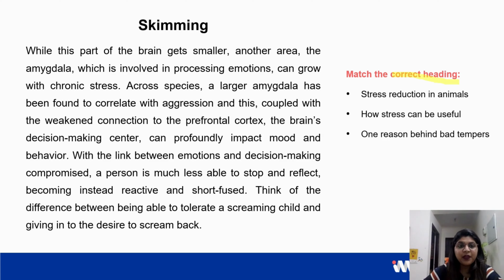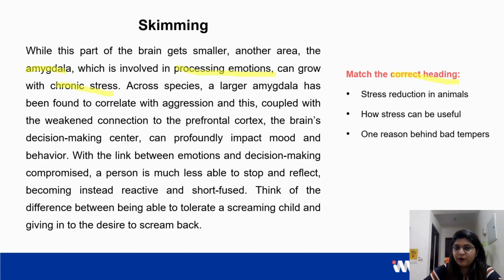Let us do that. "While this part of brain gets smaller, another area, the amygdala, which is involved in processing emotions, can grow with chronic stress." What does it mean? That there is a part of the brain, the amygdala, involved in processing emotions, and it grows with chronic stress. Okay, now the last line.